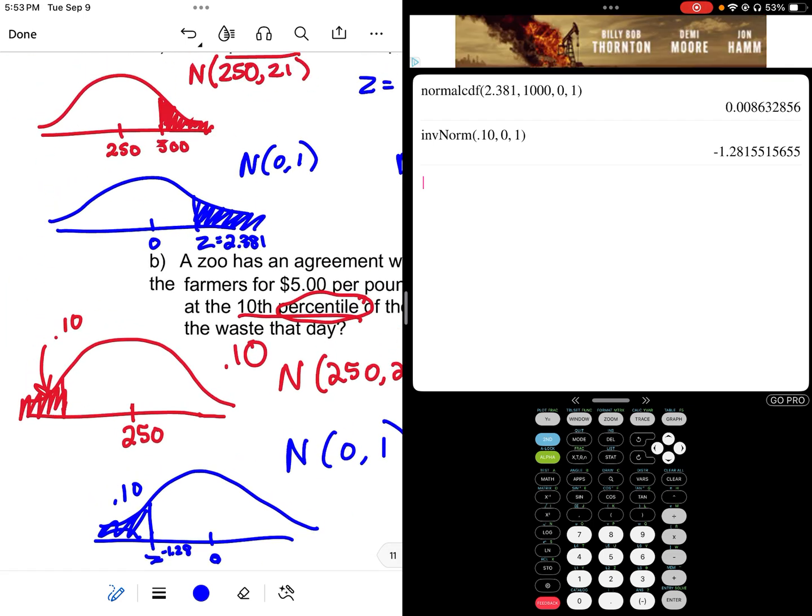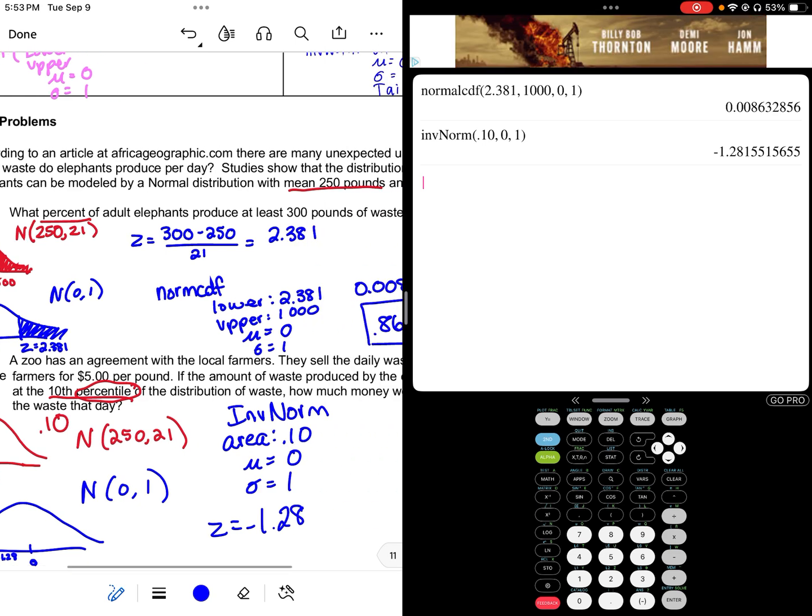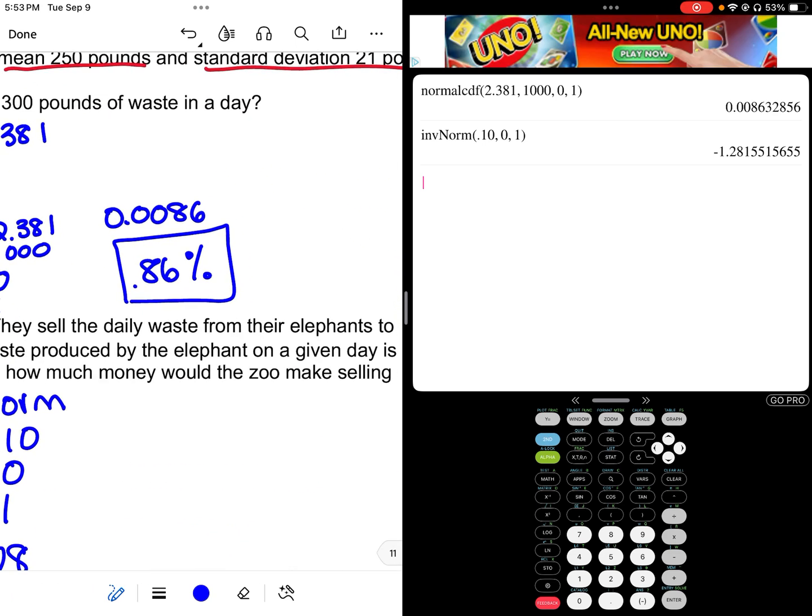So now we've got to find out what this value is. So we've got to convert the value from the z-score to a value. So we're going to use the formula where we have the z-score equals the value minus the mean over standard deviation. So you multiply by 21.